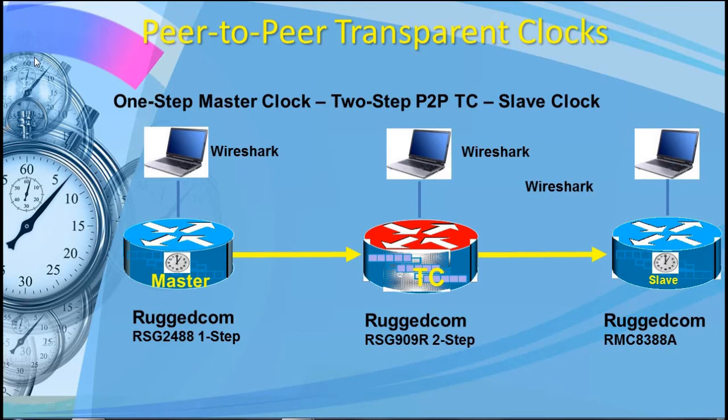Next example is the two-step peer-to-peer transparent clock. We still use 3 devices. The first one is the Ruggedcom RSG2488 one-step master, the middle one is the Ruggedcom RSG909R two-step peer-to-peer transparent clock, and the third device is the Ruggedcom RMC8388 slave clock.